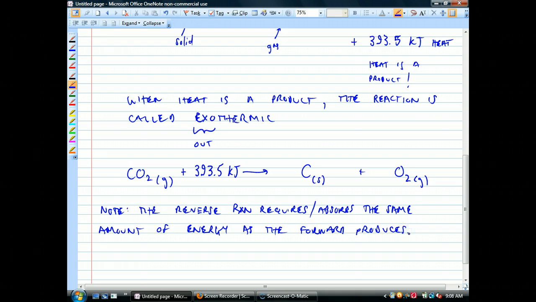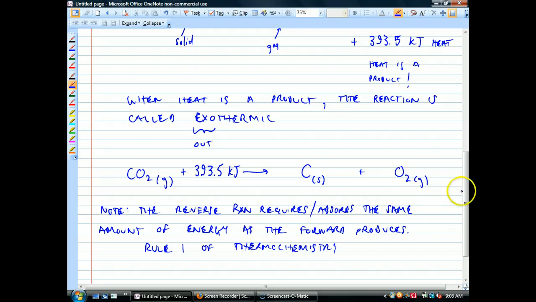By the way, this is always true. This is one of the rules of thermodynamics. So we'll call this Rule 1 of thermochemistry. If you reverse the reaction, it's the same amount of heat.